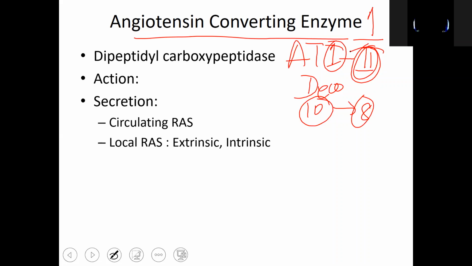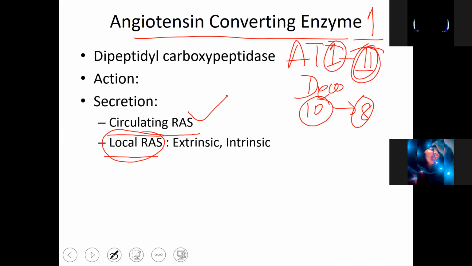Okay, so where is it secreted from? It can be found in the circulation, when we call it a circulating renin angiotensin system, or it can be found in the local tissue, when we call it a local renin angiotensin system. What is the common location of the circulating system? Once angiotensin 1 is formed from angiotensinogen by the action of renin, angiotensin 1 circulates in the circulation.